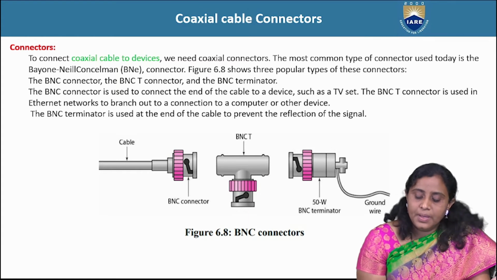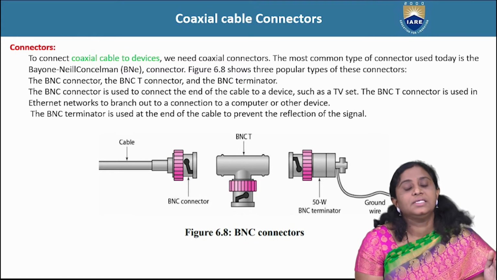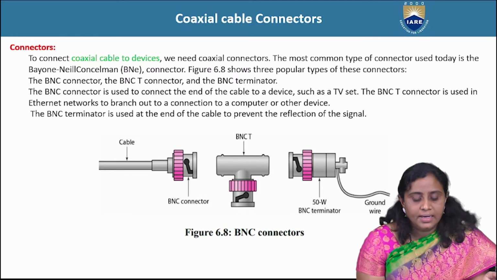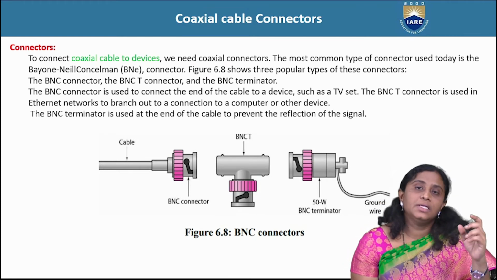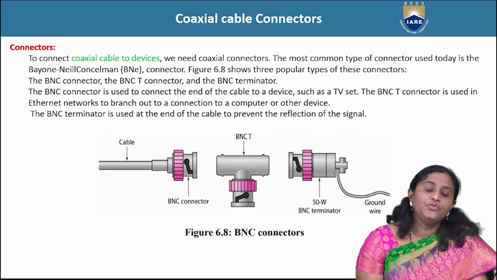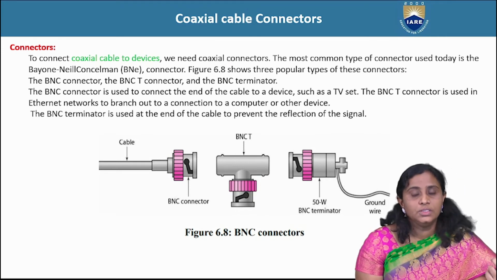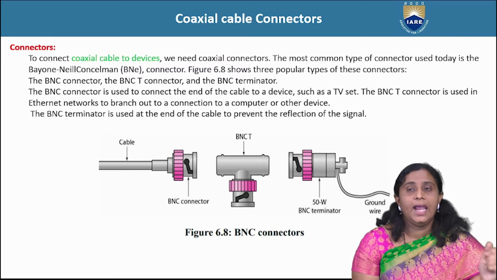The BNC-T is a connector which can connect between the BNC connector and BNC terminator. The BNC connector is used to connect the end of the cable to a particular device, such as, for example, a TV set, at the source end.